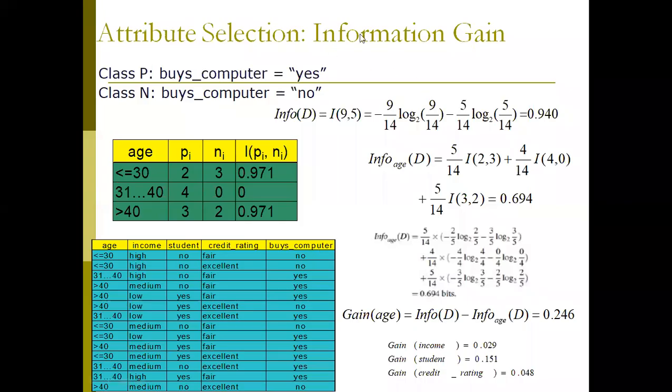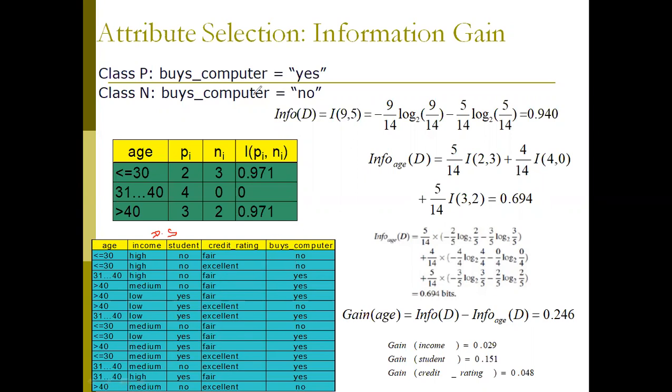So assume here we have one example. This is the data set, the total data set, this table. This total data set has 14 records.